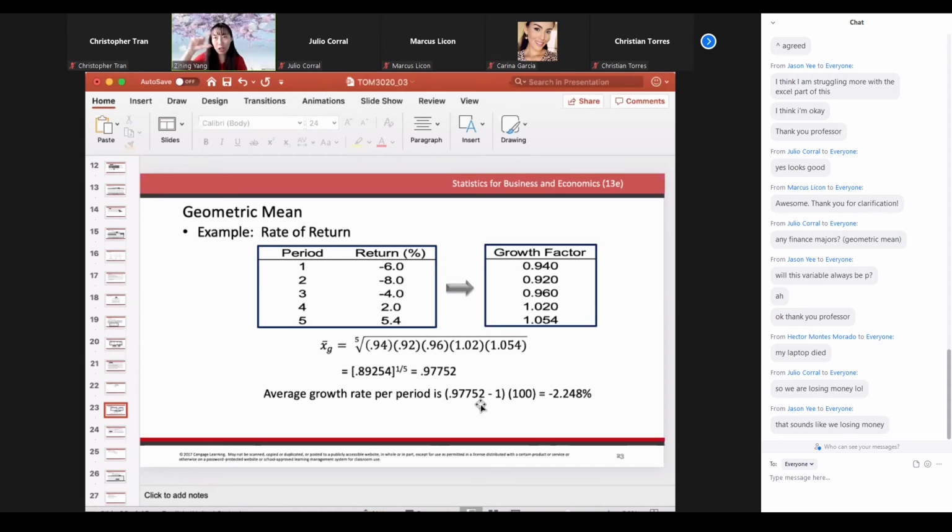Addition doesn't have this contingency, but multiplication allows this period to get to the next period and then become the foundation for the next period. So multiplication builds in the contingency. Other questions?